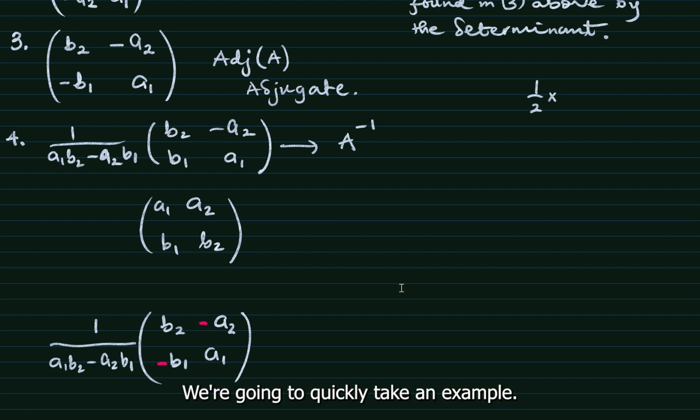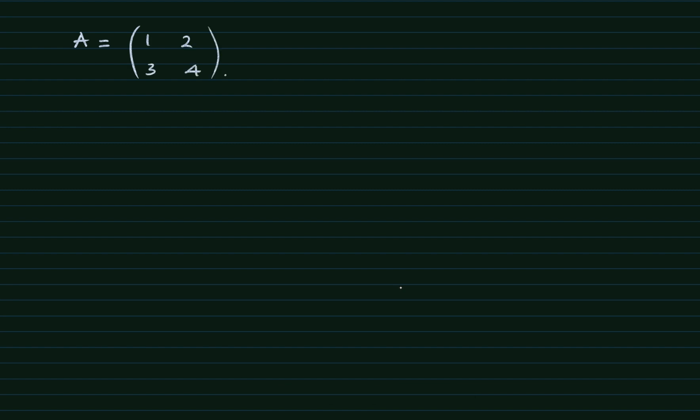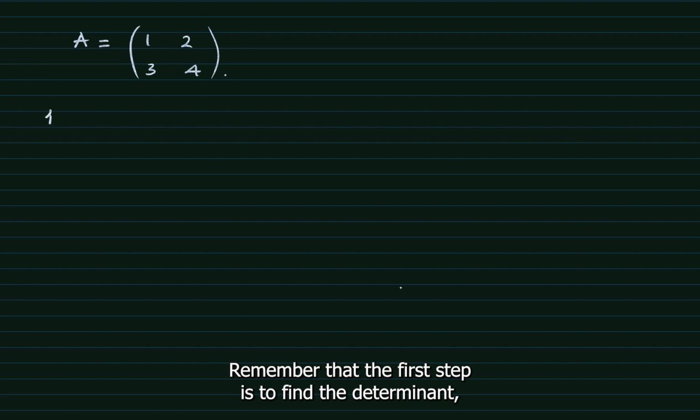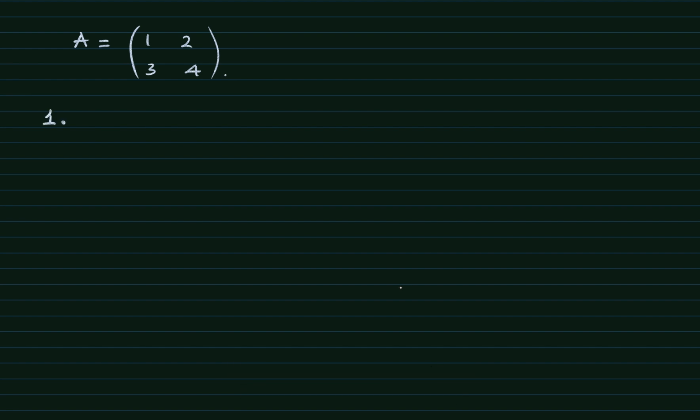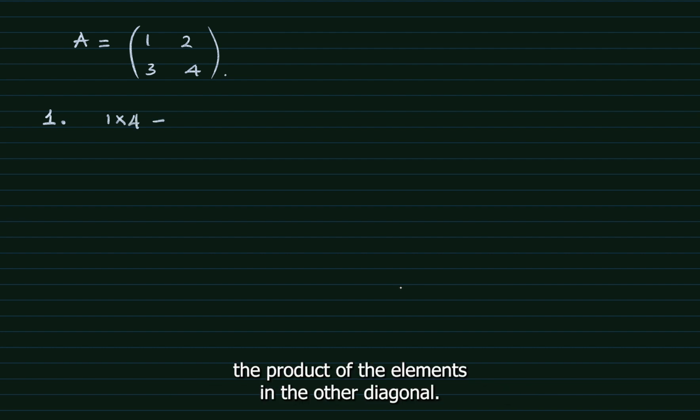We're going to quickly take an example. The example is find the inverse of matrix A, which is 1, 2, 3, 4. We want to find A inverse. Remember that the first step is to find the determinant, and we do that by multiplying the elements in the leading diagonal and subtracting the product of the elements in the other diagonal.